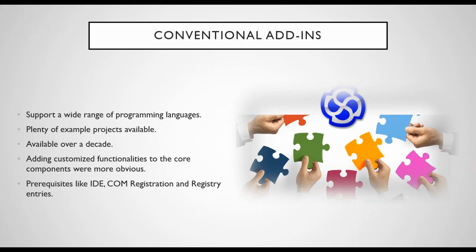Though the development process of these add-ins is familiar to EA users, I would like to share some dependencies required in traditional add-in development, like prerequisite tools such as an IDE or some code editors.